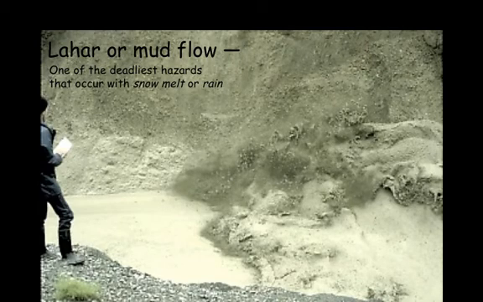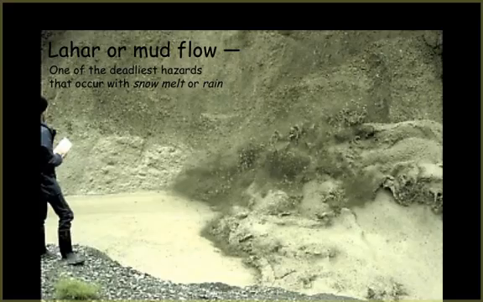I mentioned a lahar before. These are volcanic mud flows. As I said, these are very thick, cement-like flows that can include pieces of rock, pieces of the terrain, but it's very thick because it's fluidized volcanic material and volcanic ash.